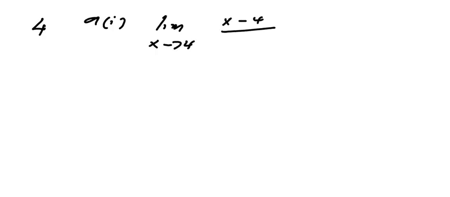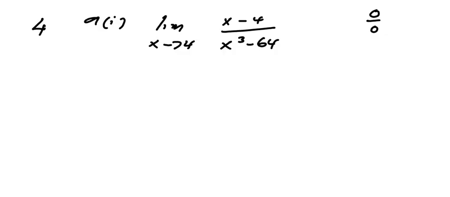For a1, as x approaches 4, we have x minus 4, then we have x cubed minus 64. So you notice that when you put the 4, this whole thing becomes 0 over 0, right?